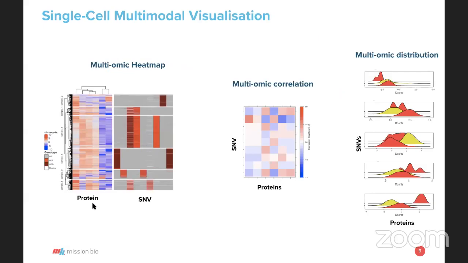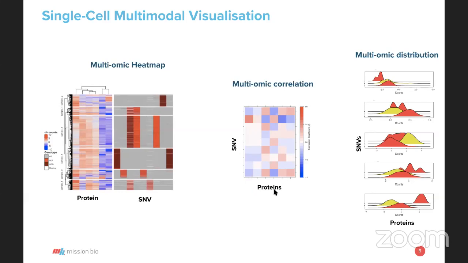As I mentioned, you can look at both protein and SNV together in a heat map. So this is one clinical sample where we looked at different populations. You can see that the populations defined by a SNP have a differentiating characteristic in the protein layer also.